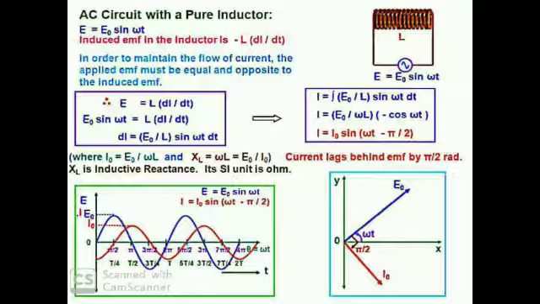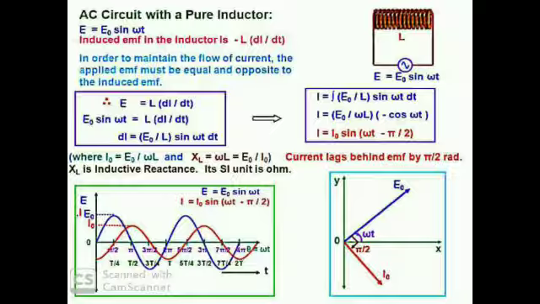Now since the alternating voltage and currents are vector quantities, they can be represented by a vector diagram. Vectors may be used to represent not only the maximum values of the alternating quantities but also the RMS values.